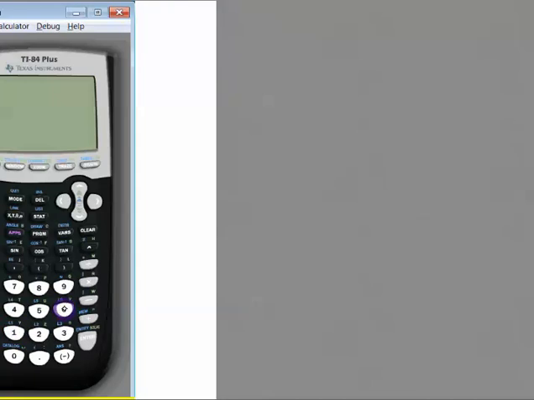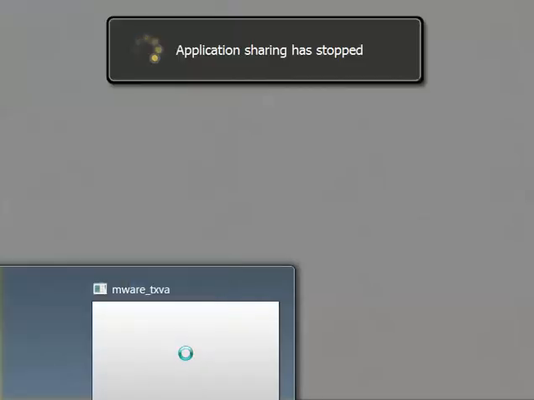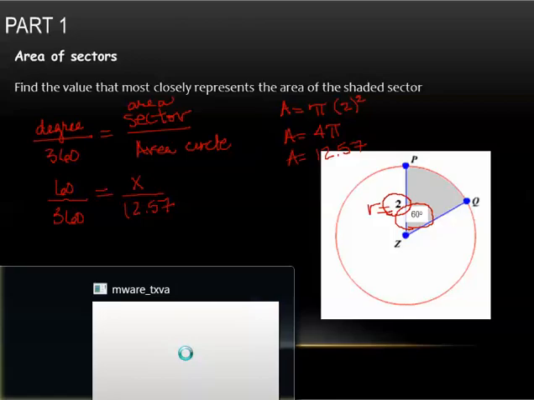But if I key in 60 divided by 360, and watch this, if I push the math key, see number 1 says fraction, I'm going to hit enter, and then hit enter again. So anytime you want to reduce a fraction to its lowest terms, key it in the calculator and push math, enter, enter. Anyway, I got 1/6, so I'm going to come back to my problem.